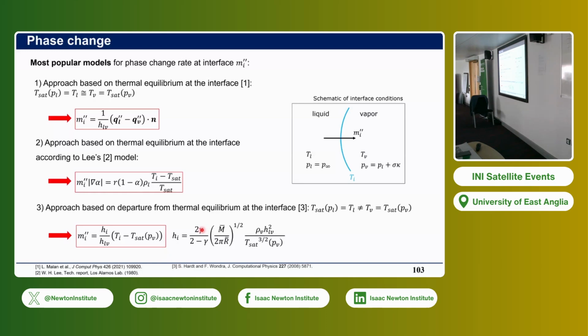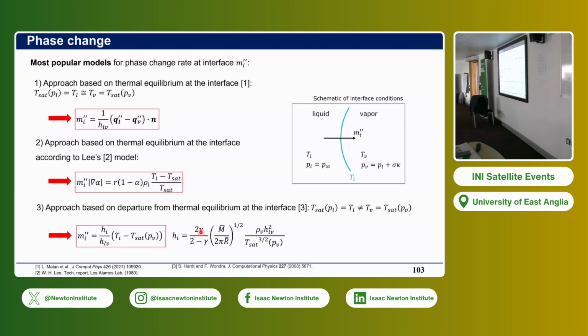So this coefficient gamma is a ratio of how many jump divided by how many can do it, and it has obviously values between 0 and 1, with 0 being no molecule can jump out, so you have 0 evaporation. In fact, m prime prime becomes 0 if you set gamma equal to 0.